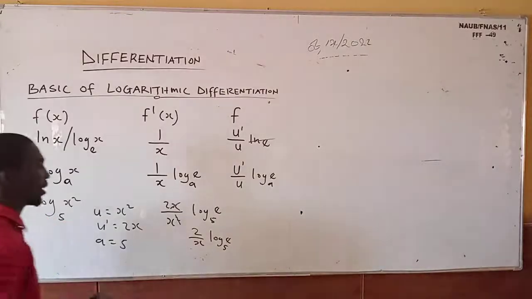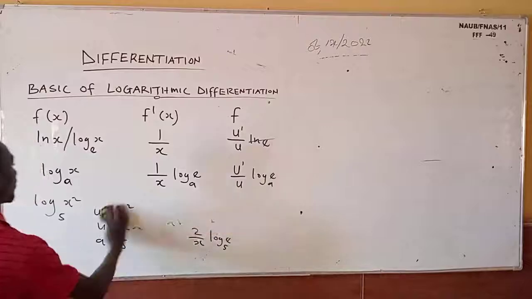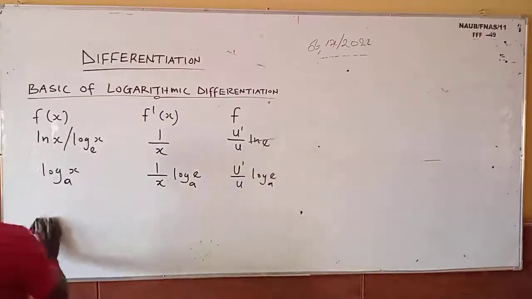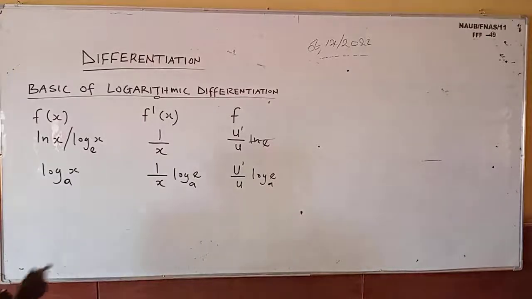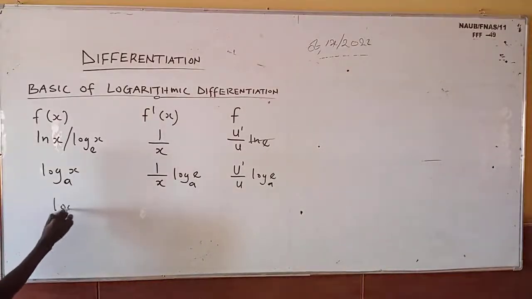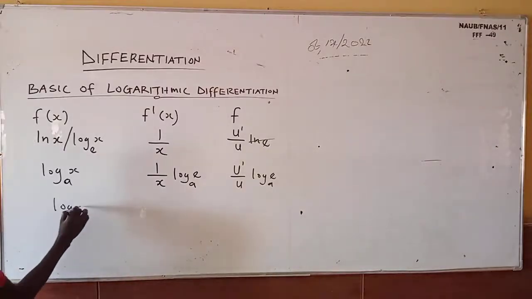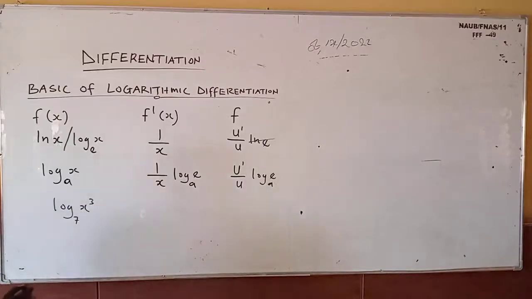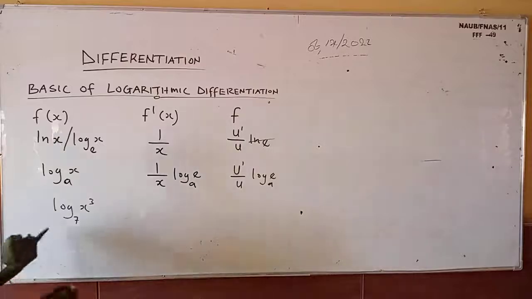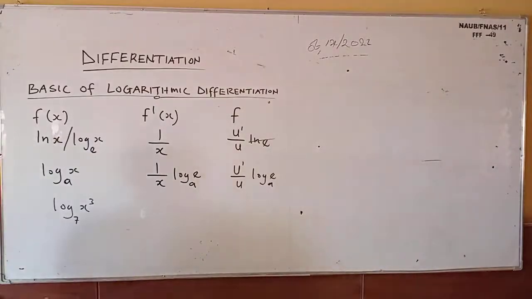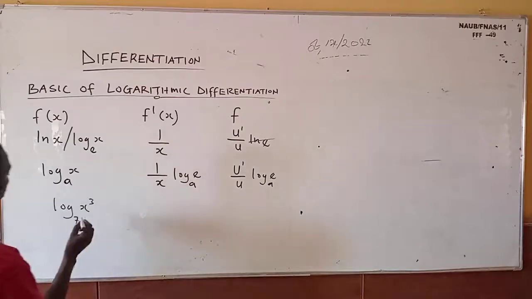So let's look at another example under this. Let's say we have log to the base 7 of s to the power of 3. So how are you going to differentiate this? Can you differentiate this? Yes, of course we can differentiate this.